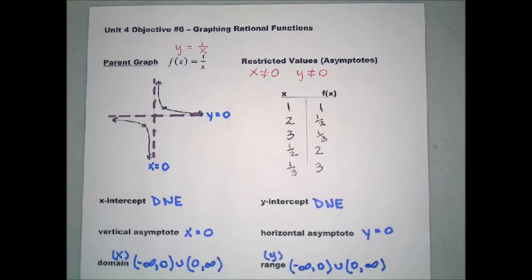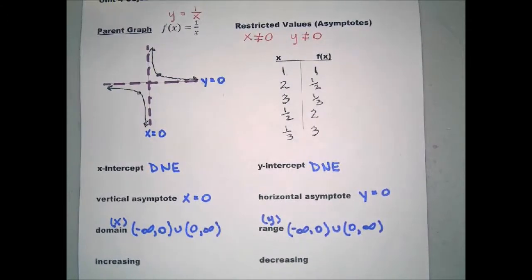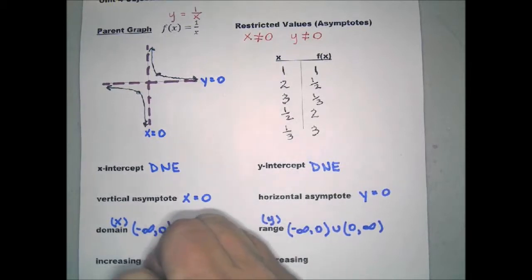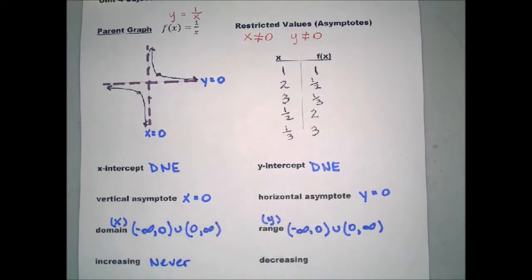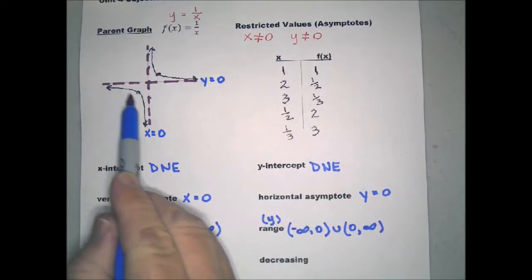And then the last set of questions that they ask is increasing and decreasing. Where is this graph increasing? Well, it's never increasing. This is a decreasing graph. If you go left to right, it's always decreasing.